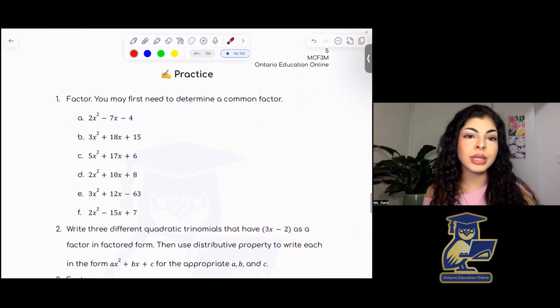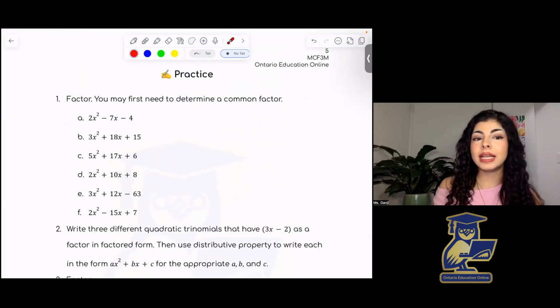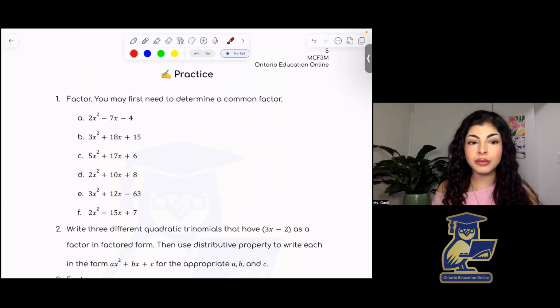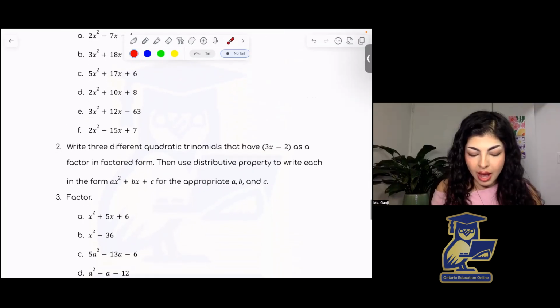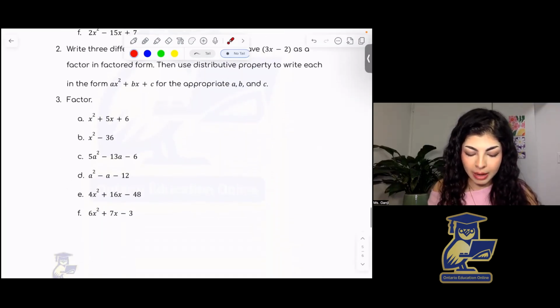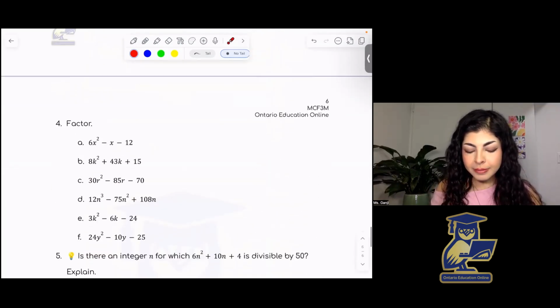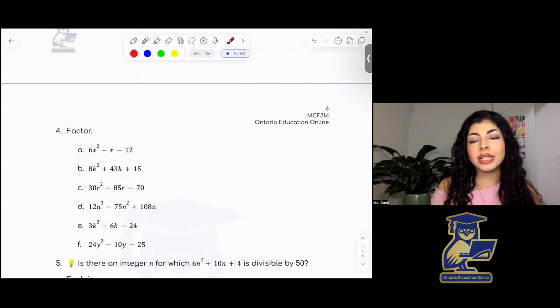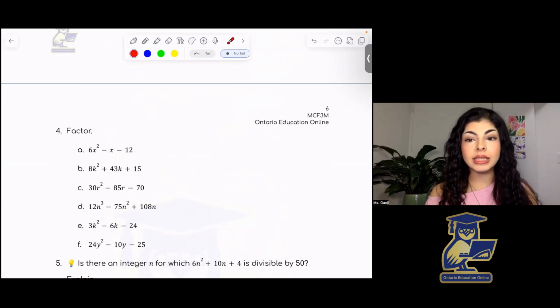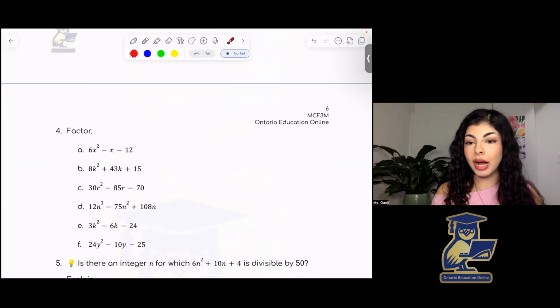So we have some factoring. These ones, it suggests you may need to factor out a greatest common factor first, so definitely check for that. We have some word problems and more factoring. So with factoring, it's just something that you have to practice a lot of, see a lot of variations of it, see all the different types, so your eyes get familiar and you can recognize them.